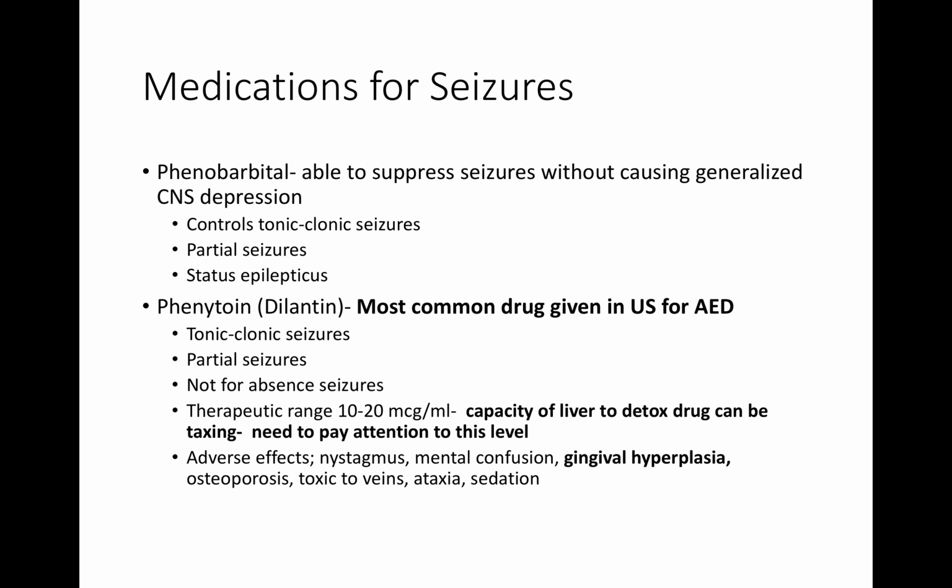How does our Dilantin or phenytoin work? It causes selective inhibition of sodium channels, basically. It inhibits the sodium channel, slows the recovery of sodium channels from inactive state back to an active state. When this happens, entry of sodium into the neurons is inhibited or slowed down.